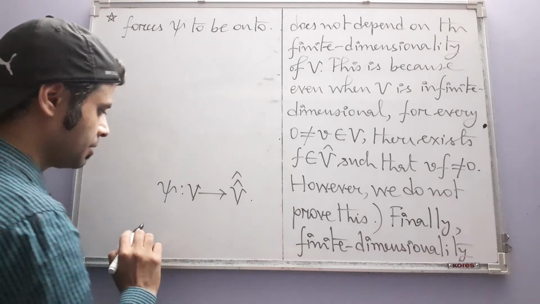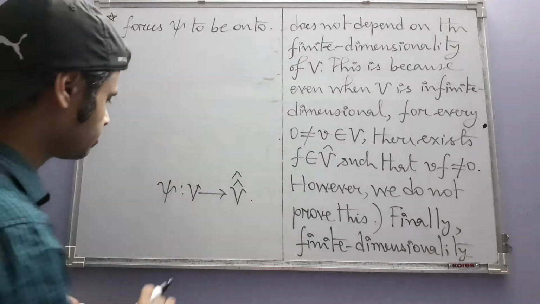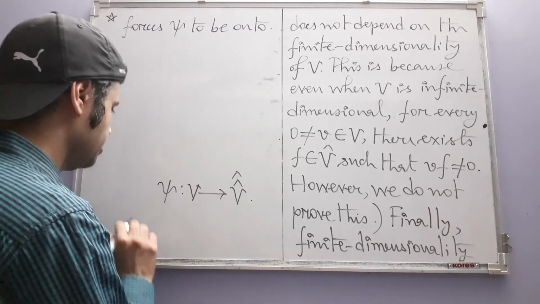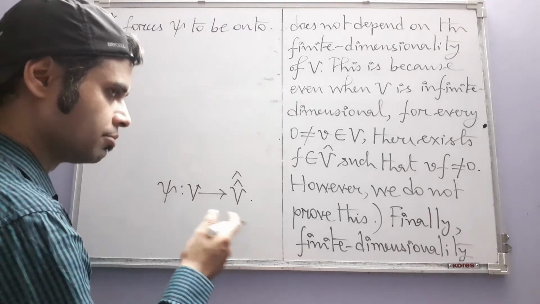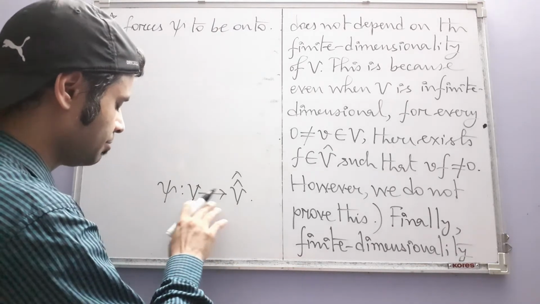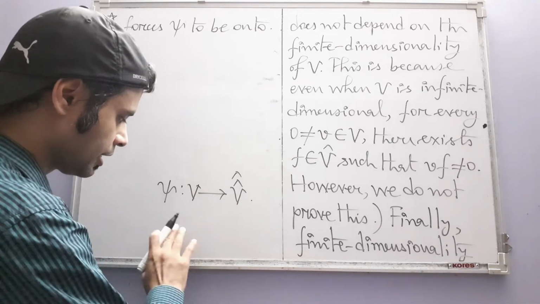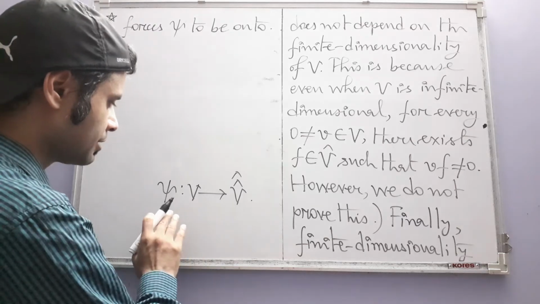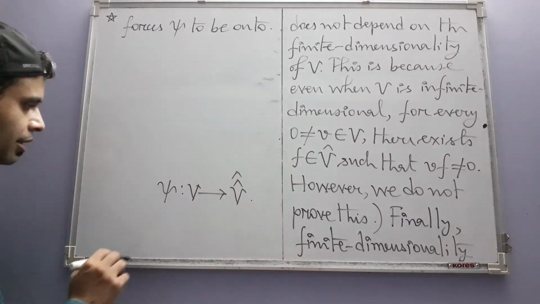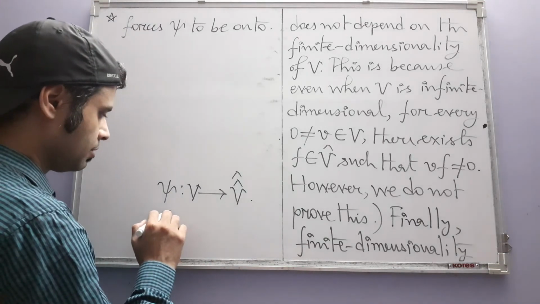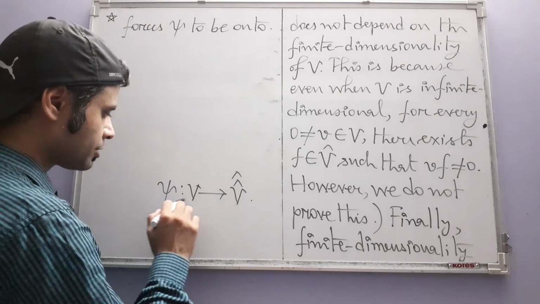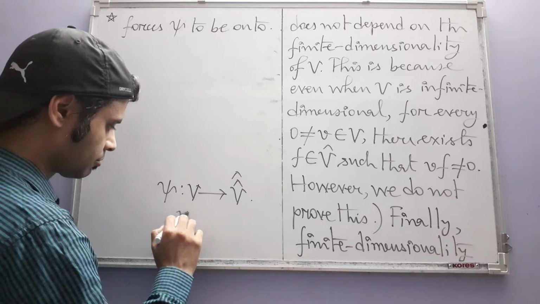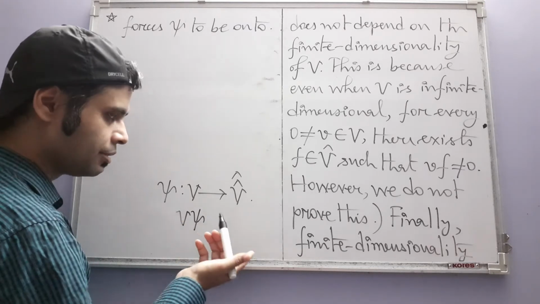Now from vector space theory that we have seen so far, we already know something, or what I'm going to say now, I may not have mentioned this before, but this is something extremely easy to verify. Consider the image of V under psi, which you already know what it is.